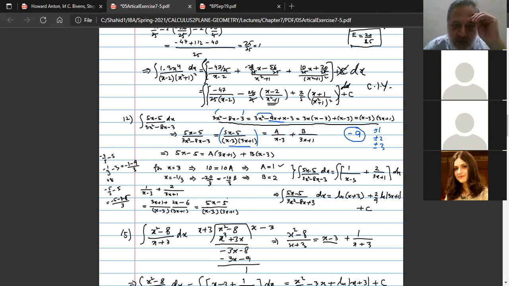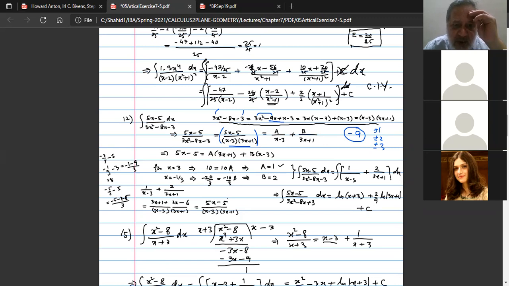So constant upon one linear factor, another constant upon the second linear factor added together. Denominator multiplied throughout, and we get on the left hand side 5x - 1, on the right side a into 3x + 1 and b into x - 3.